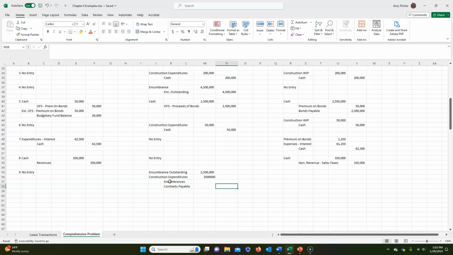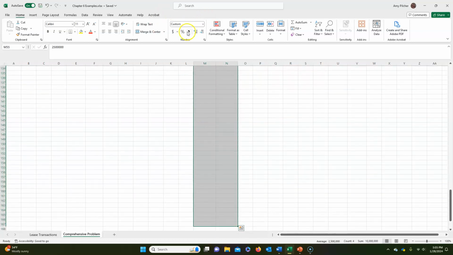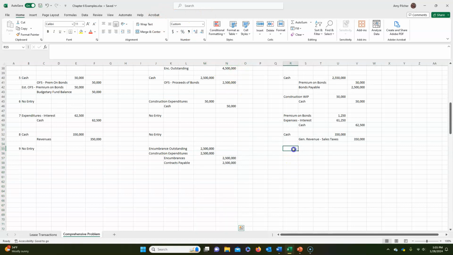So now we owe $2.5 million on this construction project. And in the government activities, construction work in process for $2.5 million, and contracts payable for $2.5 million.